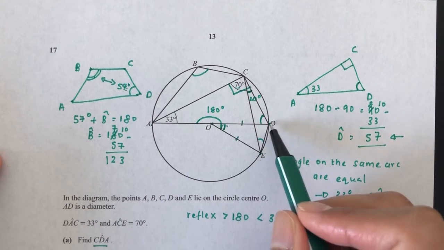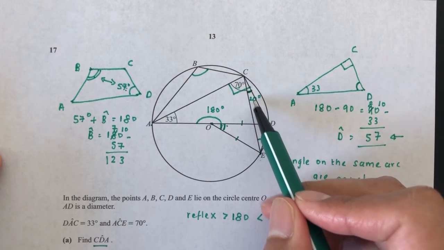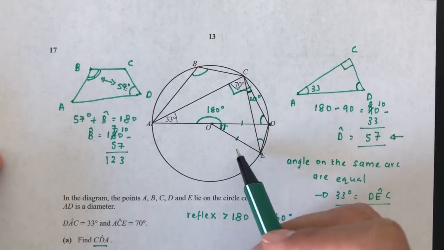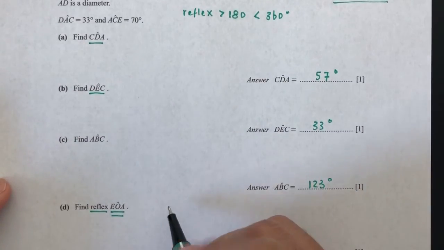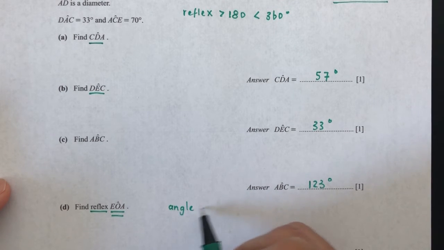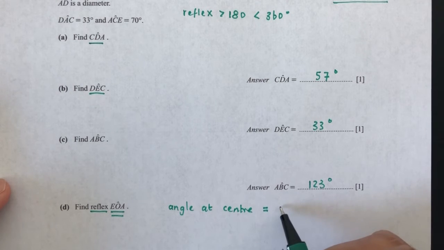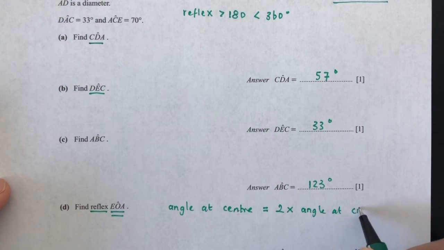We also observe that this is an angle at the circumference, but it is also on the arc DE. So we have to use a rule based on that. The rule is angle at center is 2 times angle at circumference.